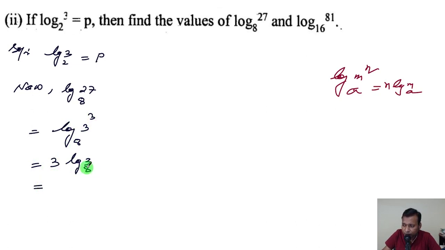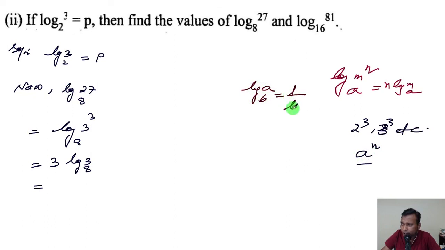Now if the base is 8 or 16, or we can say if the base can be expressed as a power of some number, as a power of some number means 2 cube, 3 cube, etc., then always we use this formula, log a to the base b is equal to 1 by log b to the base a.